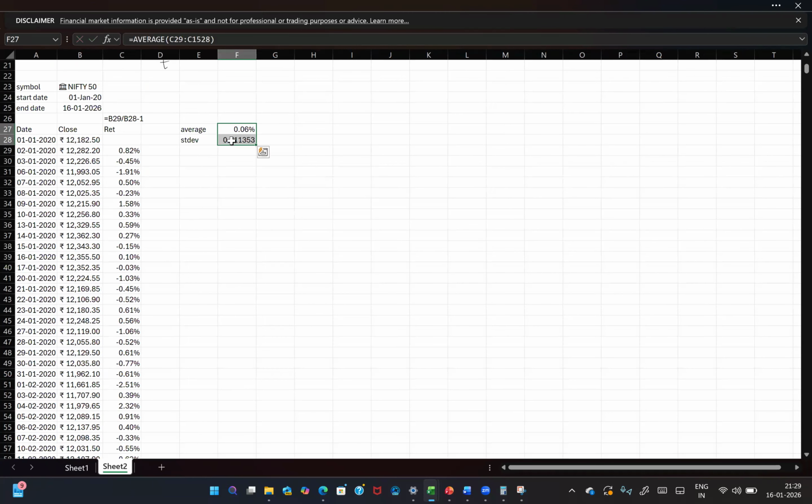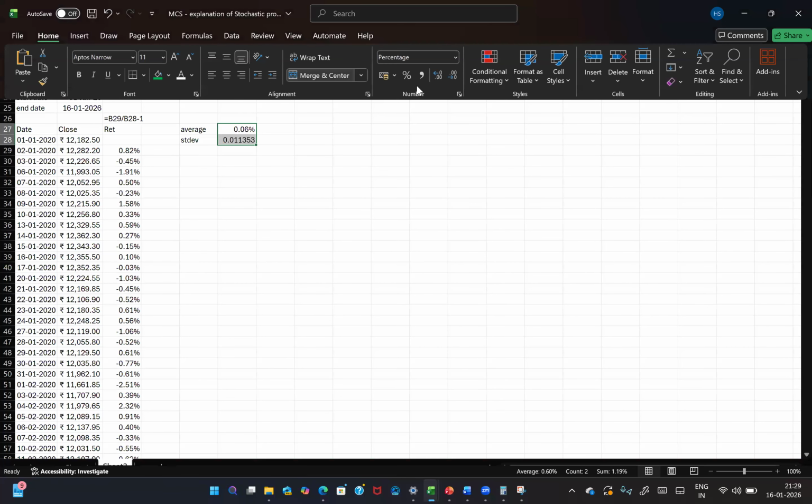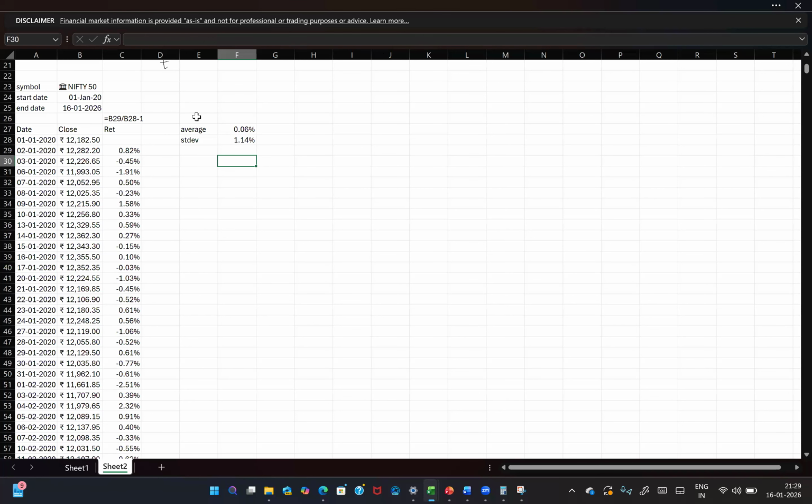Yeah, let's convert percentage to decimals. Please note these are daily because we are dealing with daily price series and returns. Obviously, the stats which we get are daily in nature. If you want to analyze annualized average and standard deviation, we need to just multiply the average by 252, which is the number of trading days.